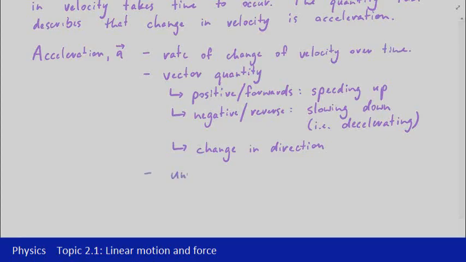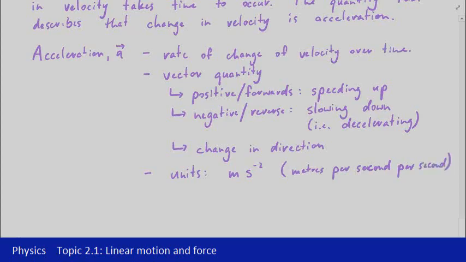The units of acceleration are meters per second squared. So the notation that we use for that is ms to the negative 2. Another way to think of it that will hopefully make it a little bit easier to understand acceleration is that it's a change in the velocity, so it's meters per second.